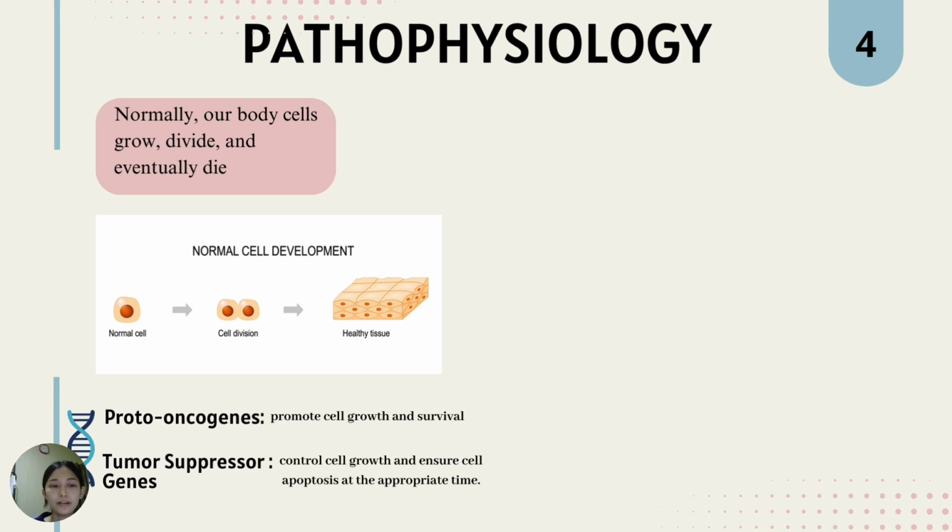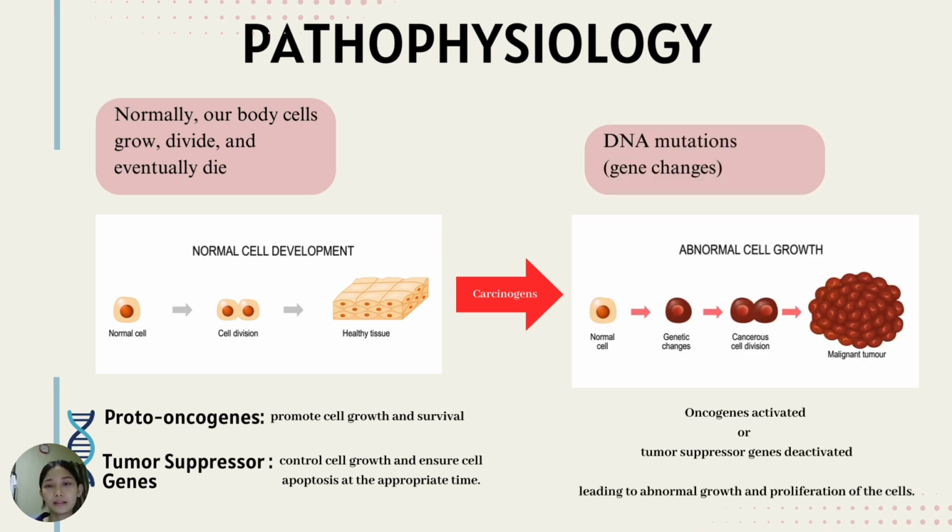However, with the etiology of the risk factors that I mentioned just now, which are the carcinogens, the genes in the DNA in the cells will become mutated. When the DNA is mutated, normal cell development will become abnormal cell growth.